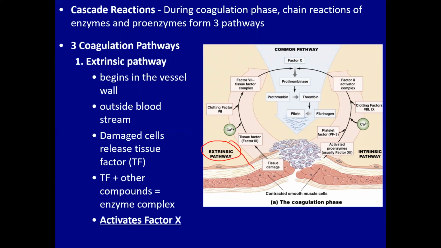So this side is the extrinsic pathway. It's going to begin in the vessel wall outside the bloodstream, and tissue factor is going to be released. Then you have other factors that are going to activate factor 10.